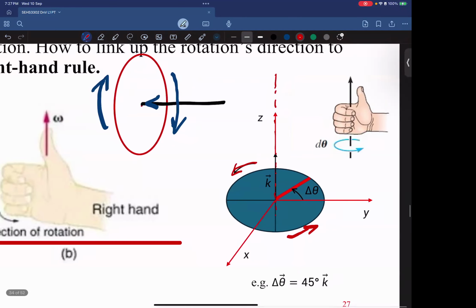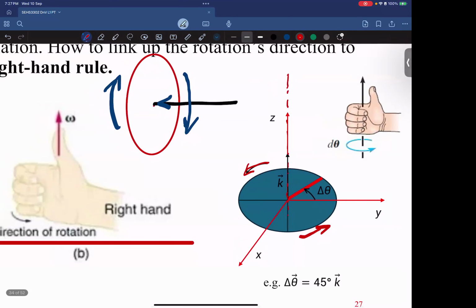If we use our right hand to hold the axis like this, the thumb direction points away from this plate. The direction is perpendicular to this plate.